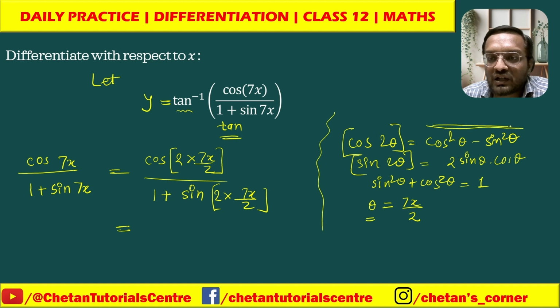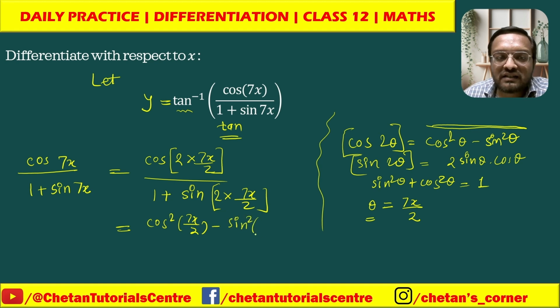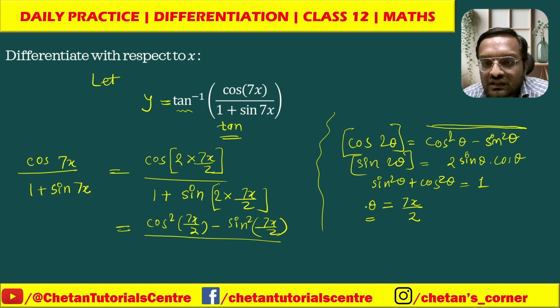Now I will put theta is equal to 7x upon 2 in the RHS of these formulas. So what I will get: cos 2 into 7x upon 2 will become cos square theta minus sin square theta, that is cos square 7x upon 2 minus sin square 7x upon 2, divided by, I will put this theta in this trigonometric identity.